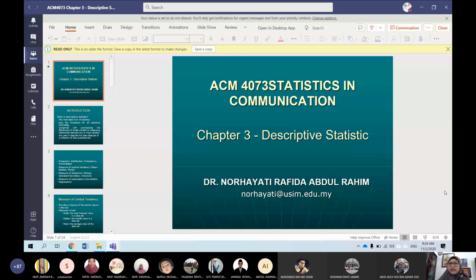Only 3 type of data are provided in SPSS, which are scale, nominal, and ordinal. So interval and ratio data will be under scale. Under scale, just put scale as type of data. Okay.